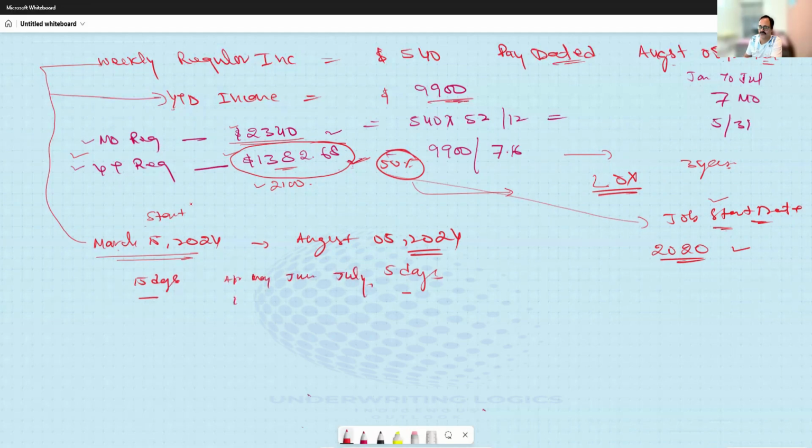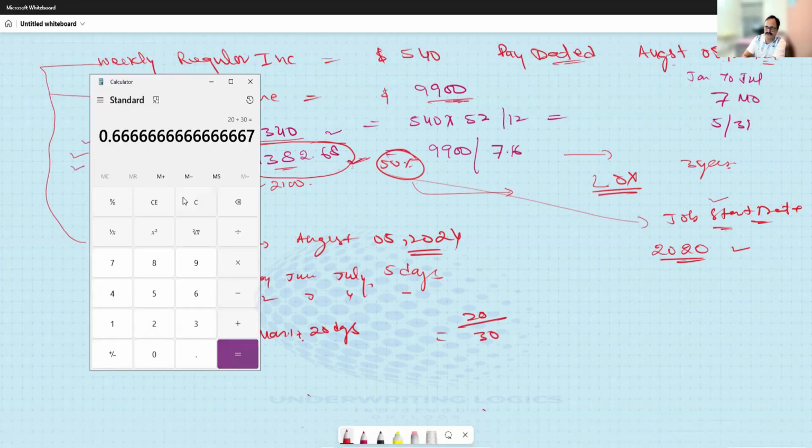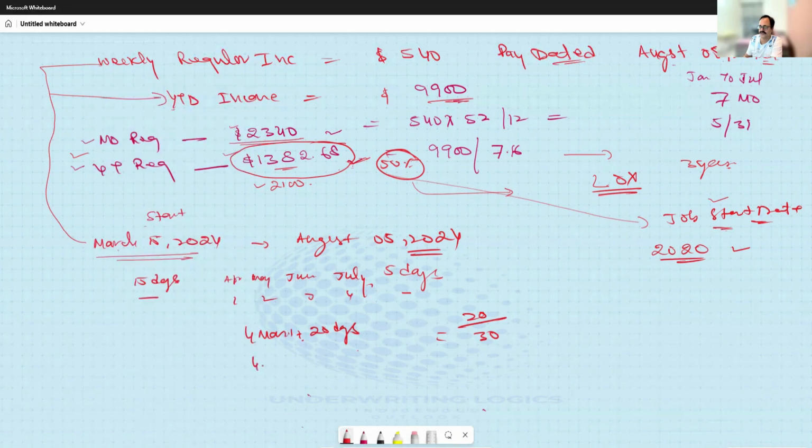That is 1, 2, 3, 4 months. So now we have 4 months and 15 plus 5, 20 days, right? You can divide 20 days by 30 or 31. 20 divided by 30 is going to be 0.66, so 4.66. Now you will divide 9900 by 4.66.